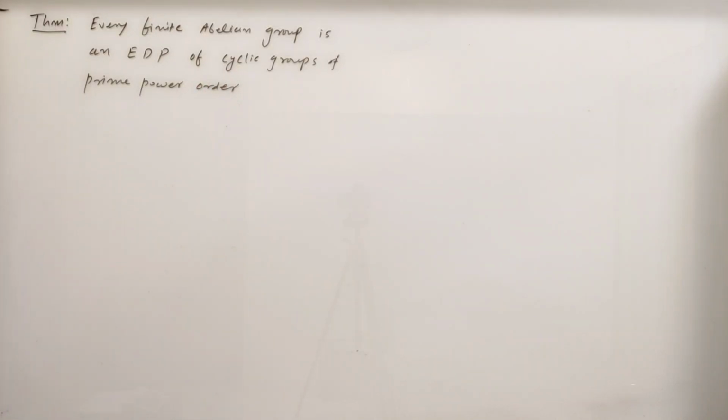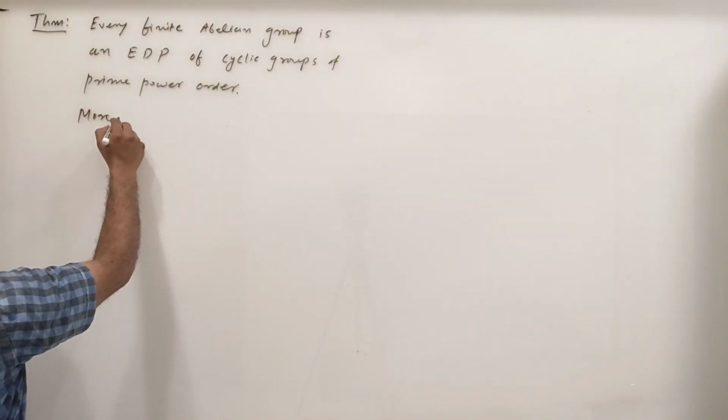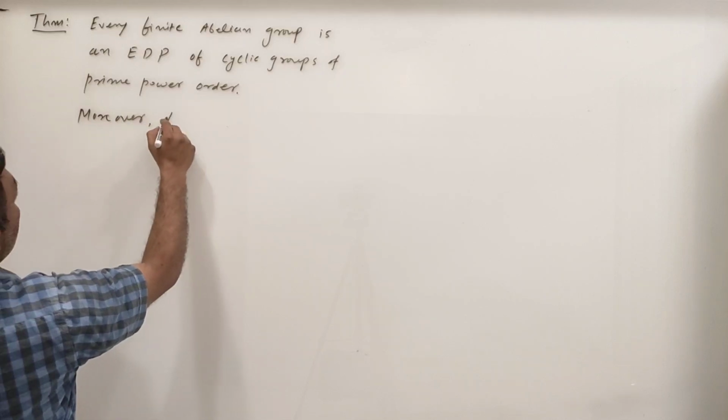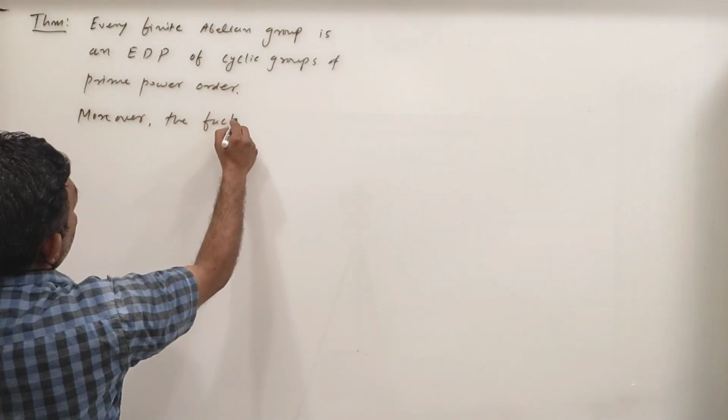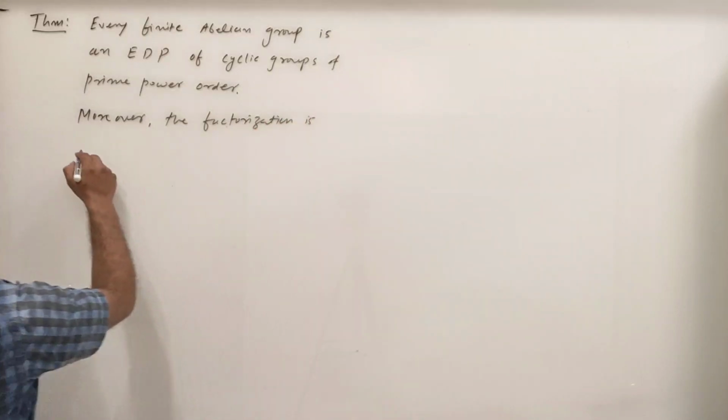Every finite abelian group is an external direct product of cyclic groups of prime power order, and moreover the factorization is unique.